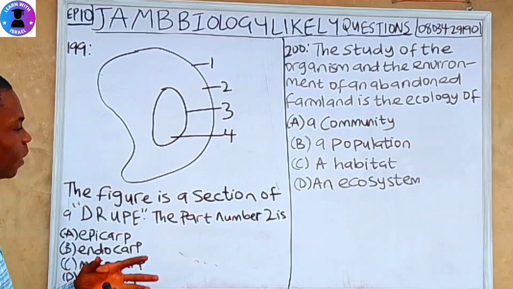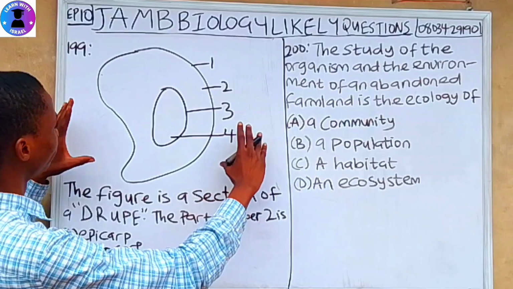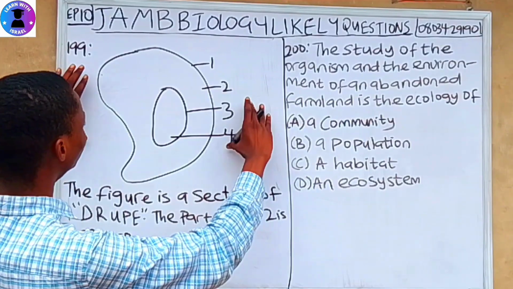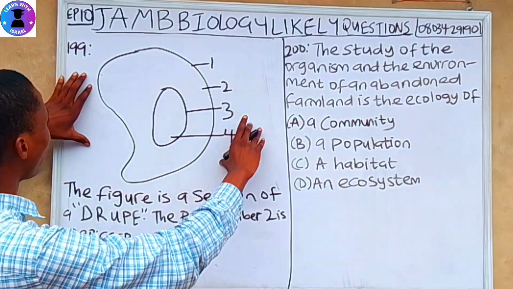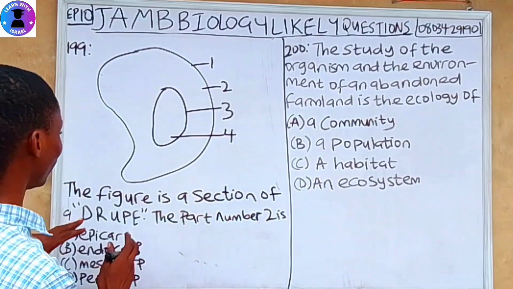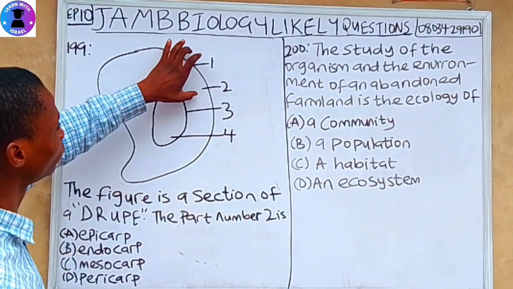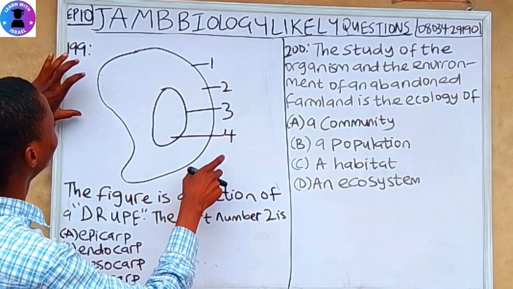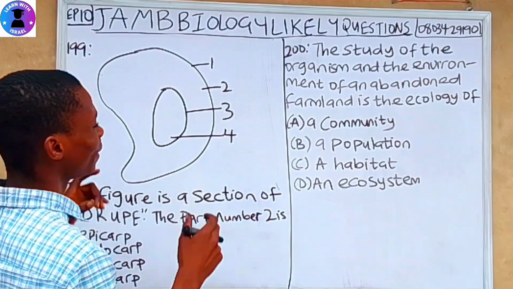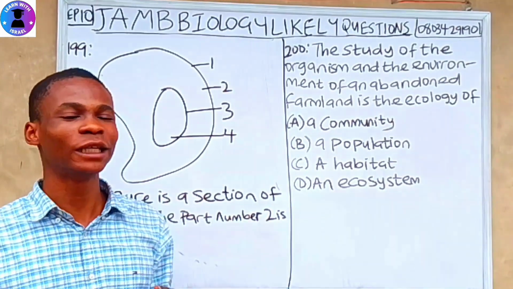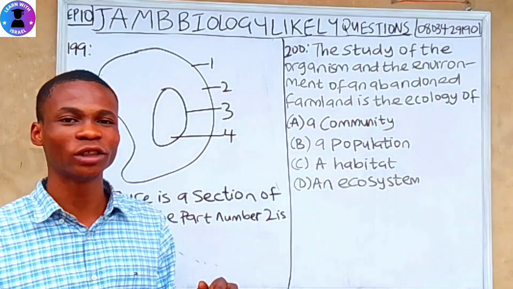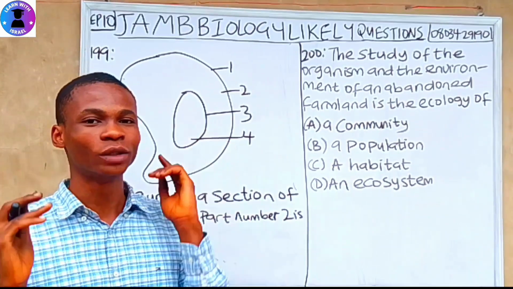Question 199. So guys, this is a diagram of a drupe. So the question says the part number two is... So guys, let's label this diagram together. It's very important to master diagrams, as many as possible, before writing your JAMB exam.